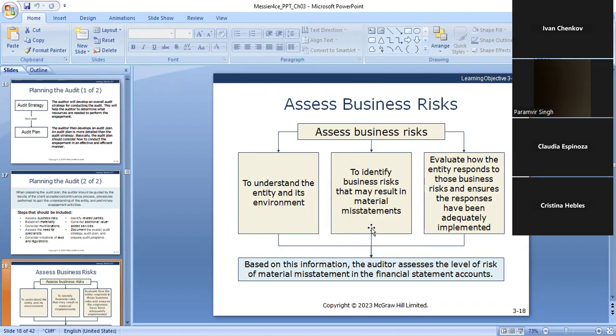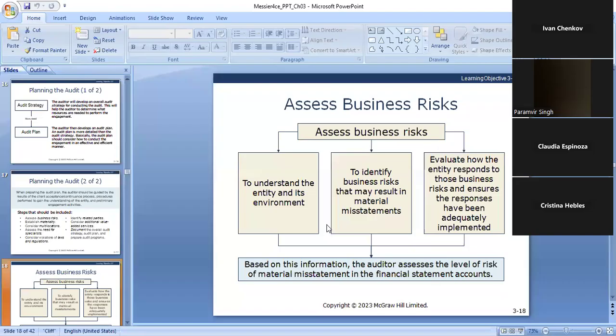When we understand the business, the environment and the entity, then we can start identifying whether there is any business risk that might affect us. And if we identify something, then we have to evaluate how the entity responds to those business risks, and make sure that the responses to those risks are implemented. So if there's a risk, is there anything that the entity does to reduce that risk?